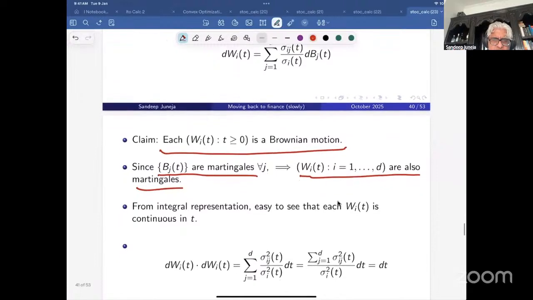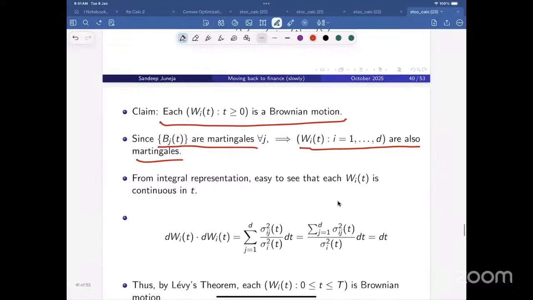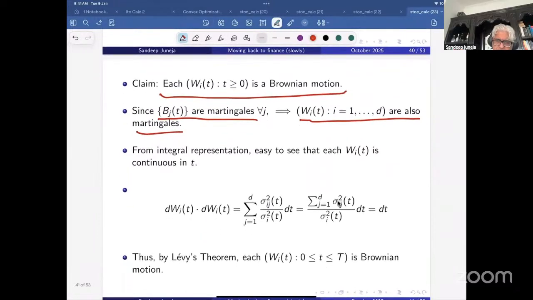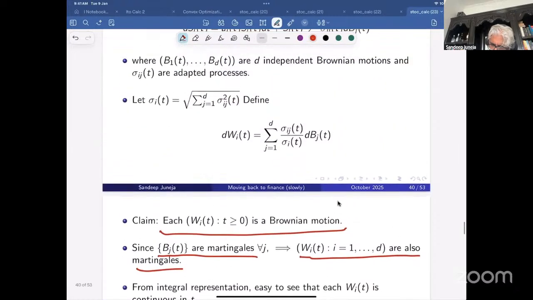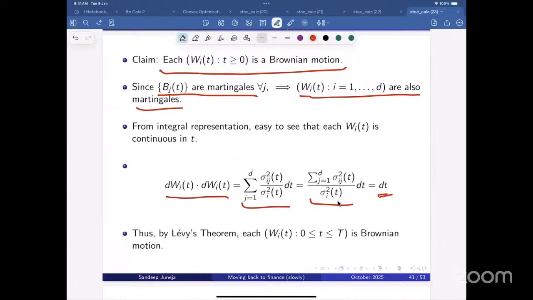We just need to show that its quadratic variation is equal to dt, and then Levy's theorem tells us it's a Brownian motion. So we look at this quantity, dW_i dW_i, and these terms will square up, and what I end up getting is dt. Hence each W_i is a Brownian motion. Any questions on this?